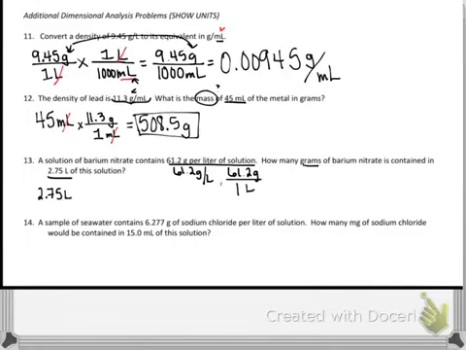We want to end up with grams. We want to get rid of liters, so we know that we're going to make sure that liters is in our denominator, grams is in our numerator, and it's going to be 61.2 over 1 liter. We can get rid of our liters, so 2.75 times 61.2 is going to be 168.3 grams. I'm happy with my units, so I can stop there.